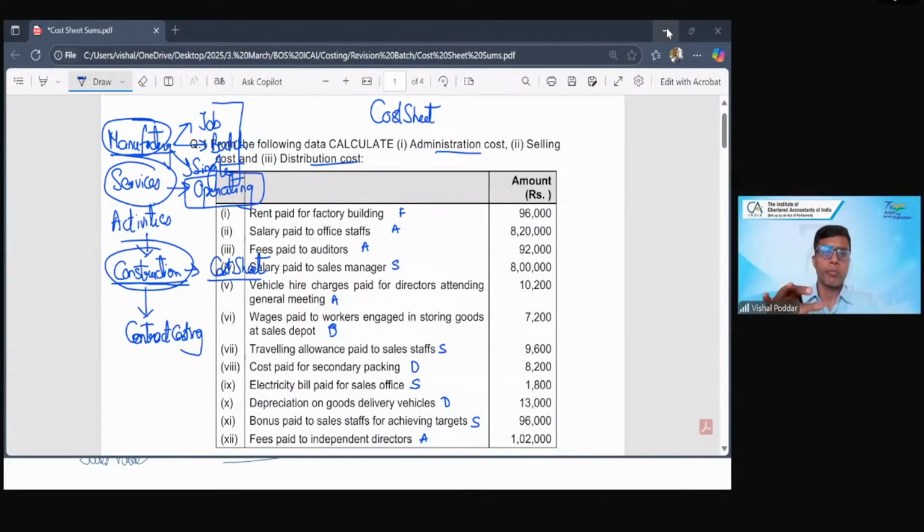See, one or two will always be subjective. Someone may classify it in administration, someone may classify it in selling, someone may classify it in production. And I personally believe that if it is of the staff who is working in depot, my understanding is depots are for distribution, correct? Because we open a depot in a particular area or a city.